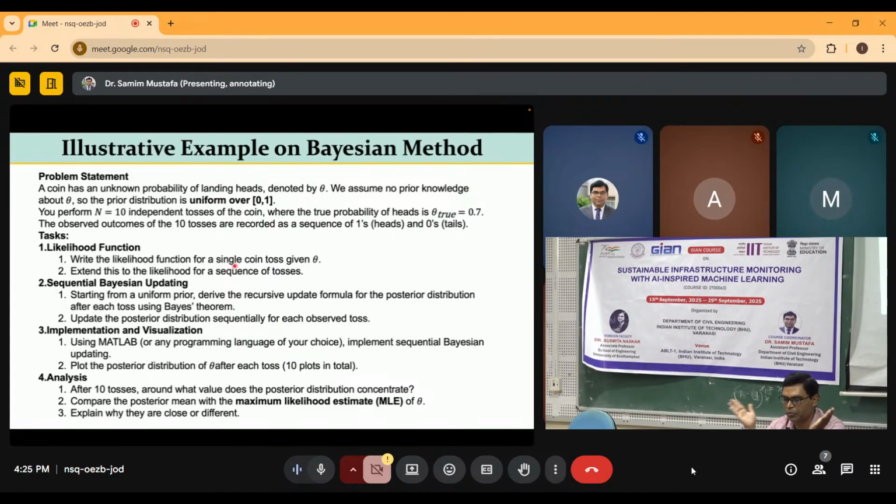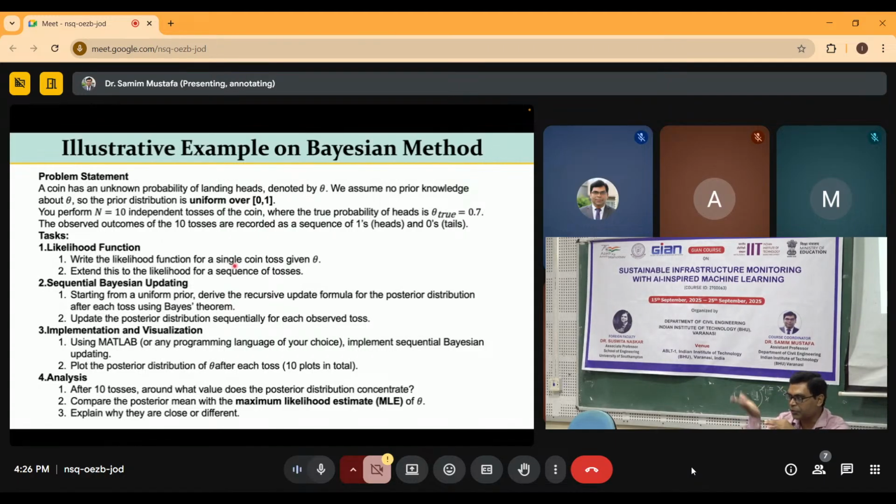It could be 0 to 1 anywhere. Then suppose in the first toss, something comes up like head or tail. If it is head, then the probability of getting head will increase. If it comes tail, then based on the observed data, your probability of having tail will increase, is it not?